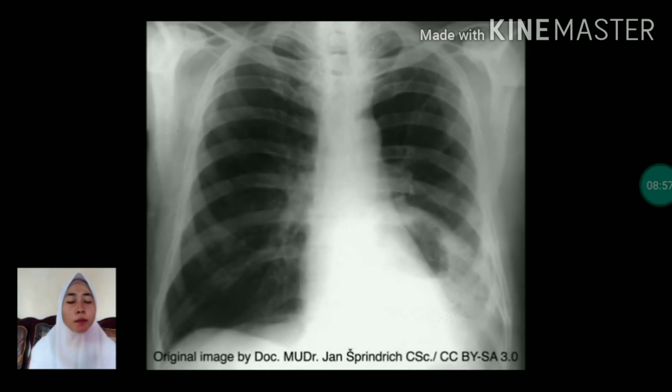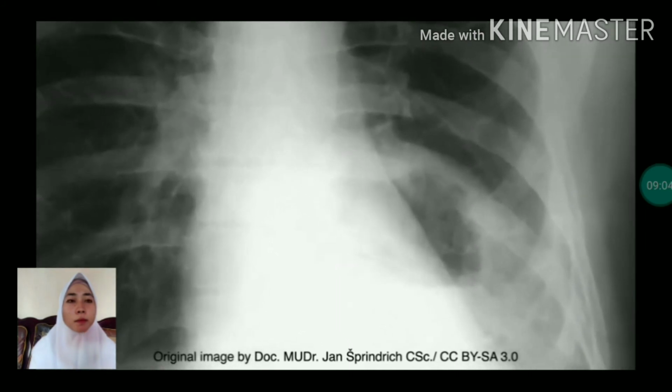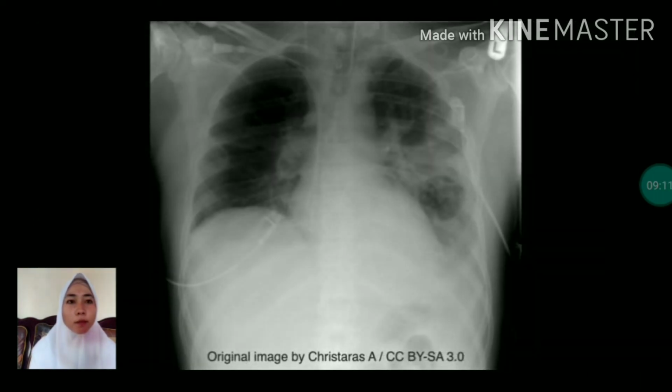This abscess is in the left lung and is partially obscured by the cardiac silhouette. Here we have bilateral pneumonia complicated by multiple abscesses.